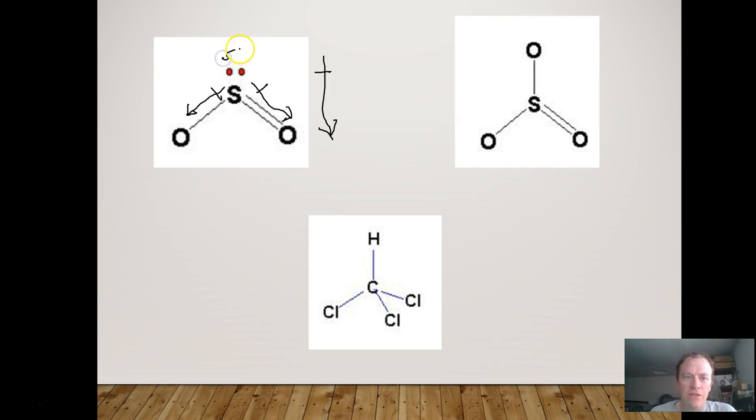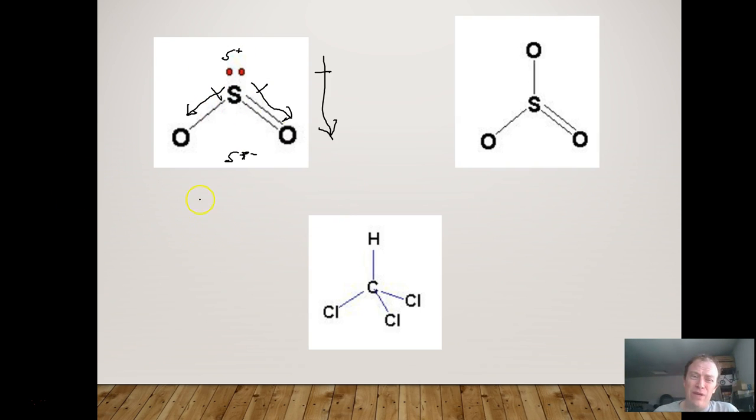There's a positive side of the molecule here, and a negative side of the molecule down here, or these oxygens. Whoops, I meant to say negative. That's negative, yeah. So this is a polar molecule with the sulfur end being the more positive end.